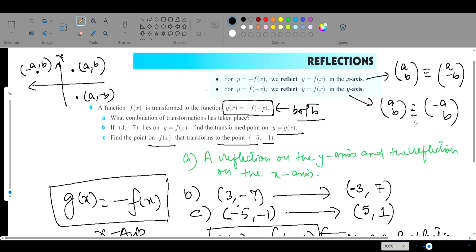So next time when we meet, we are going to take more and more exam style questions based on reflections, translations or stretches, or the combination of two, or maybe the combination of all three, right? So we can take more questions on that.